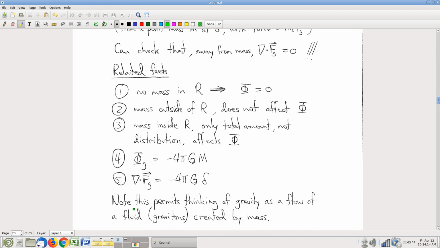Oh gosh, it's really easy to get into a very long discussion on the following point, but I do like to point out that this formula here suggests a point of view on gravitational fields, and that is that flux is created by mass. Wow, that's kind of a weird point of view.